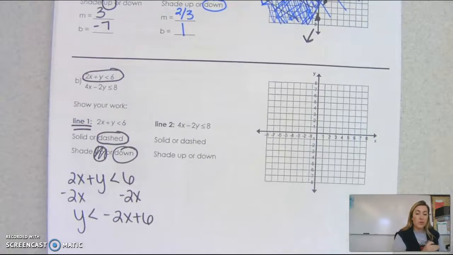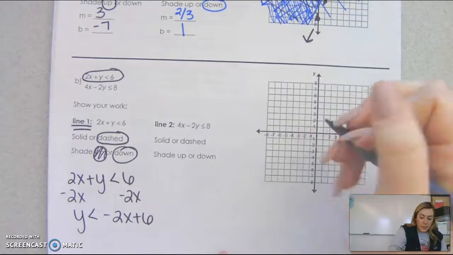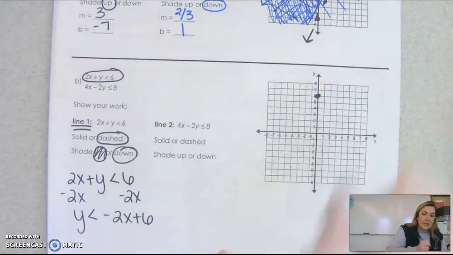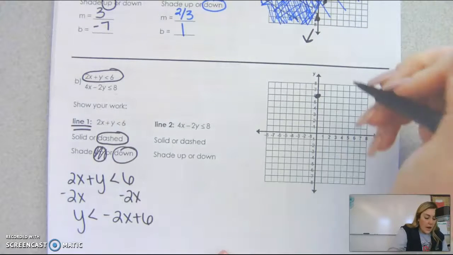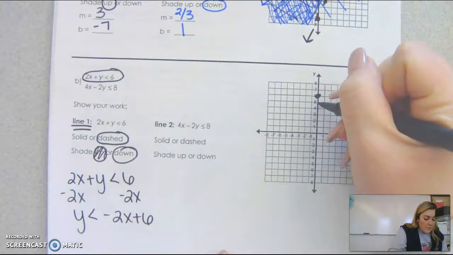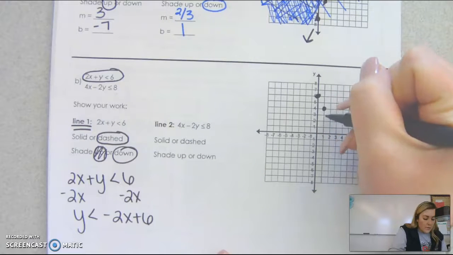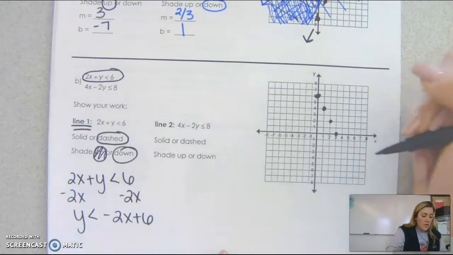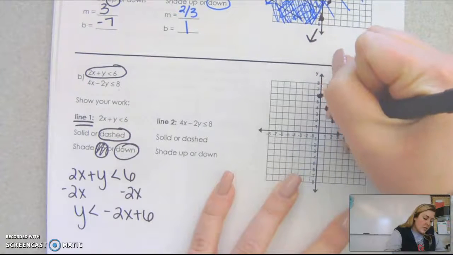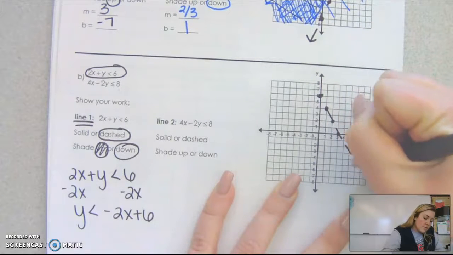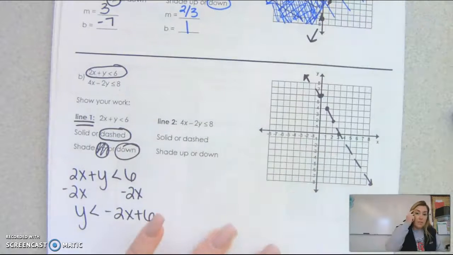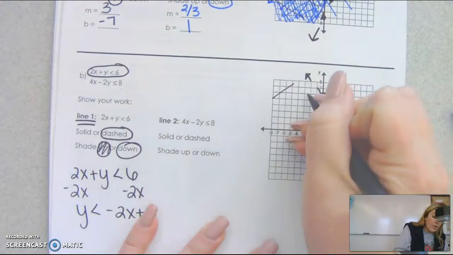So now I'm going to graph this line. I start at 6 and I put my point, and then from there I go down 2, right 1. Draw in your dashed line. And remember, less than means shade below.